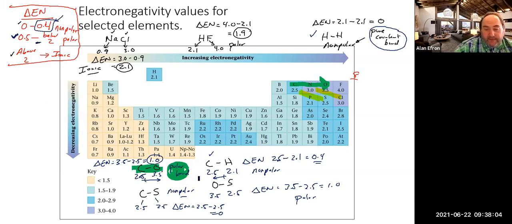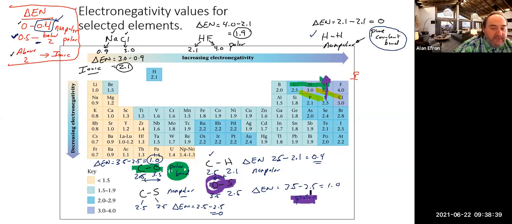What about another one? Let's talk about oxygen and sulfur. Oxygen and sulfur are in the same group, basically the same column, and what we see going this way is oxygen is further up. As we go up on the periodic table, it becomes more electronegative. So we can make a safe bet, just knowing that oxygen is higher up in the group, that it should be more electronegative, and this should be a polar bond.